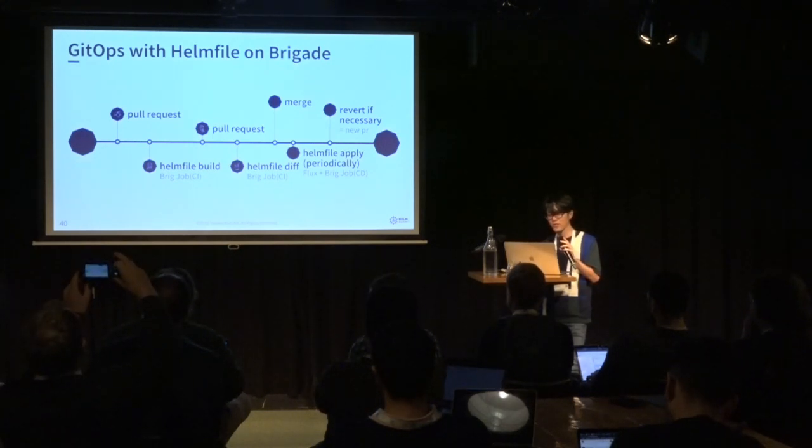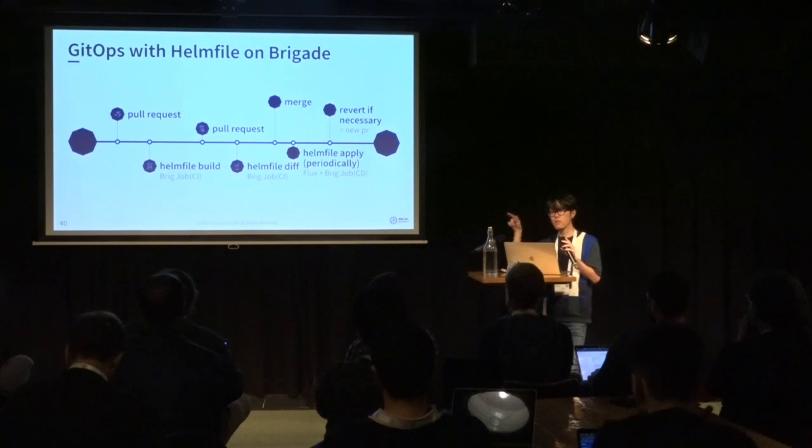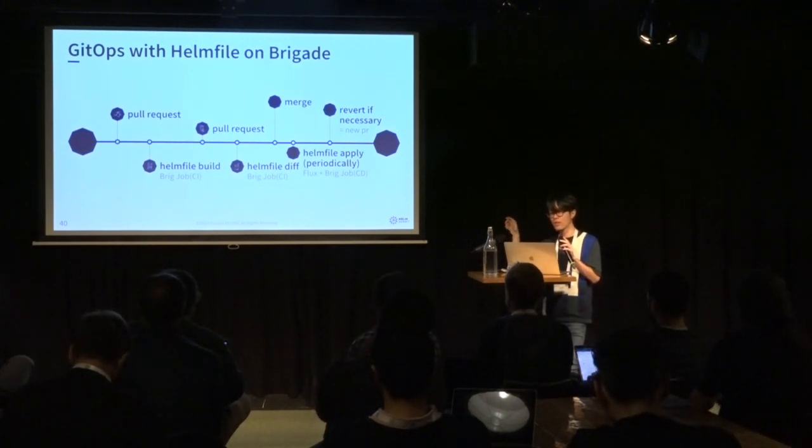Another pull request triggers another Brigade job that runs Helmfile diff, and if you merge it, Flux detects the new git commit, and it creates a new custom resource object in Git, and it runs another Brigade job.